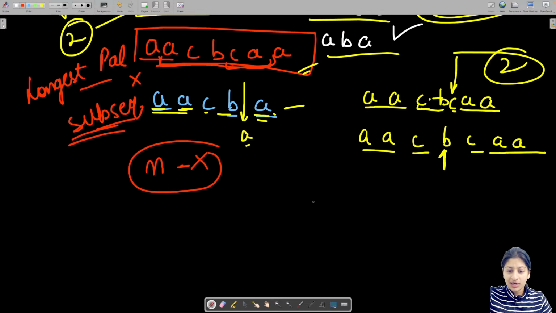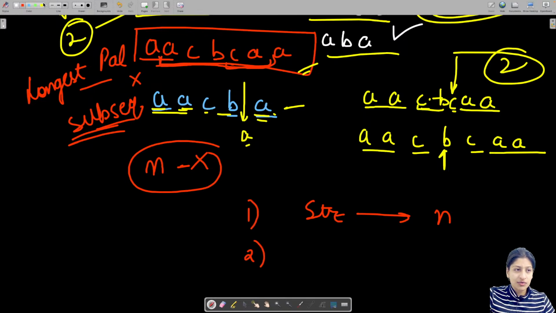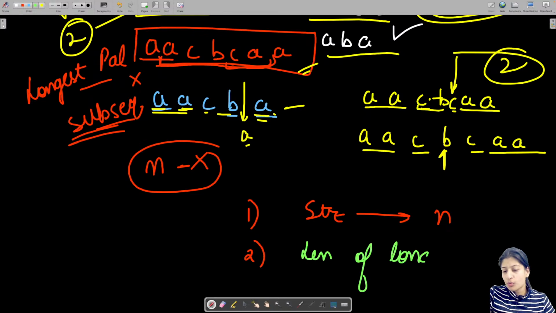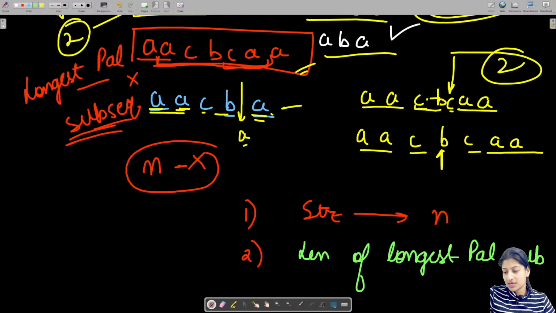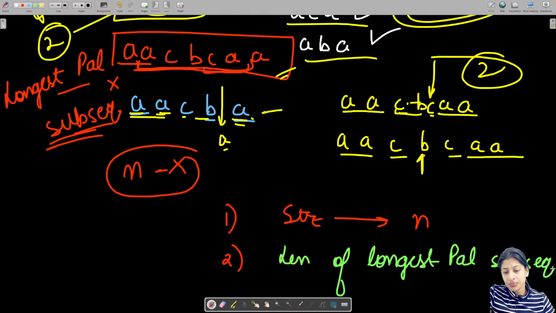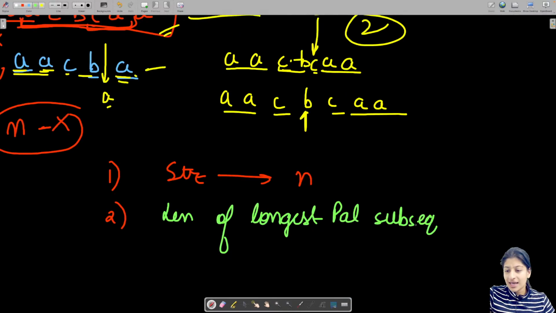So the point is you have a string of length n. Second thing, somehow you make an observation: you find out the length of the longest palindromic subsequence in that string. Let's say that length is x.